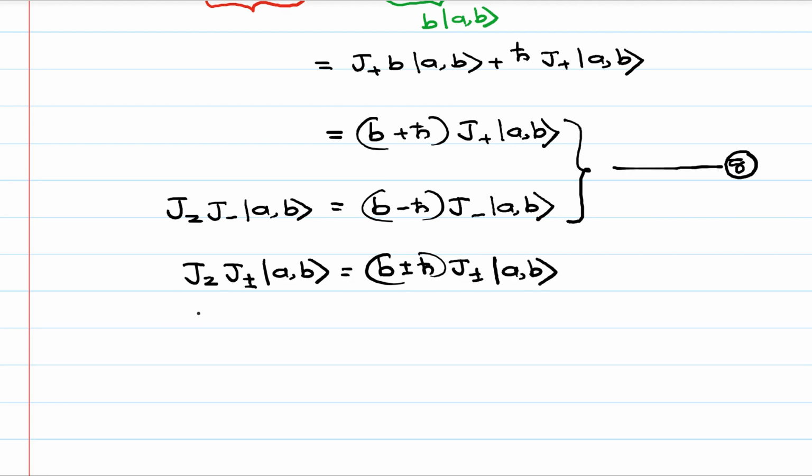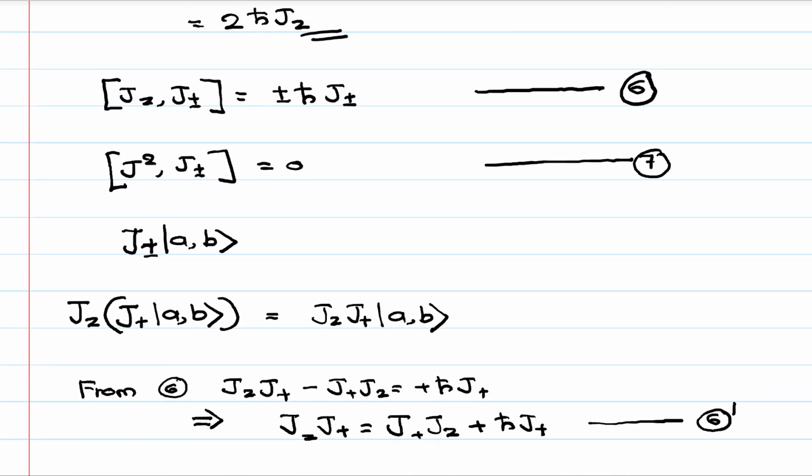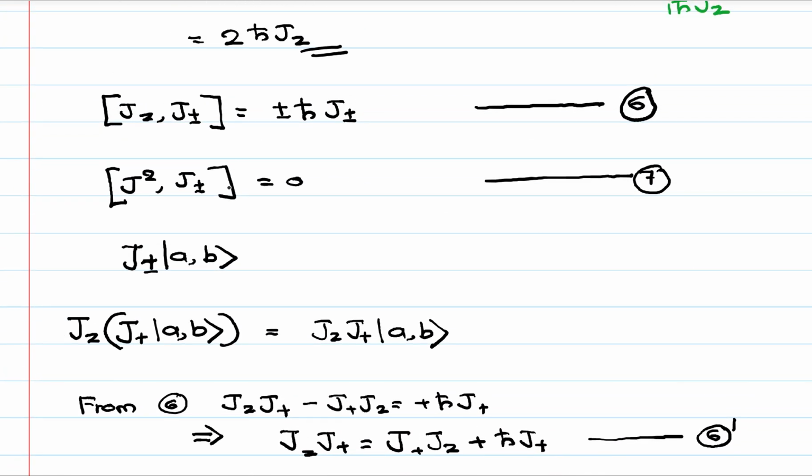Along with this, let's look at another thing: J² acting on J±|a,b>. We know that J² commutes with J±, because we have seen the commutation relation J² J± = 0. So J² J± is equal to J± J².